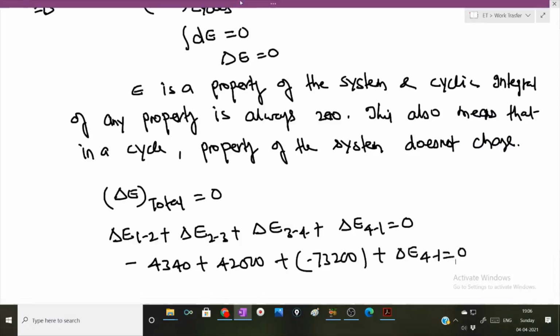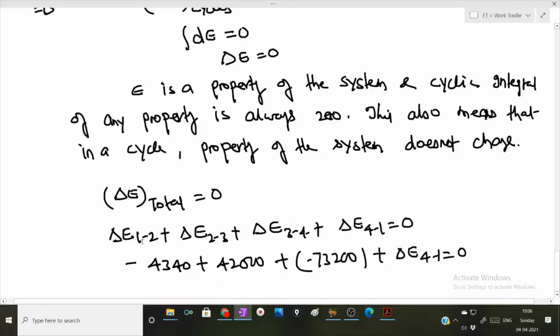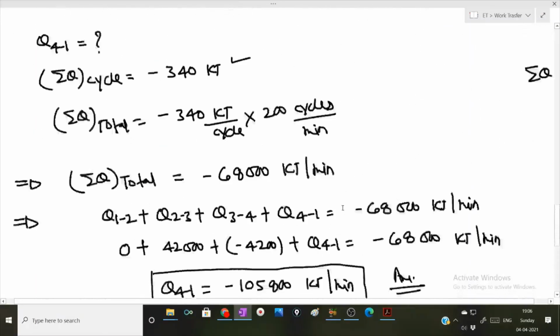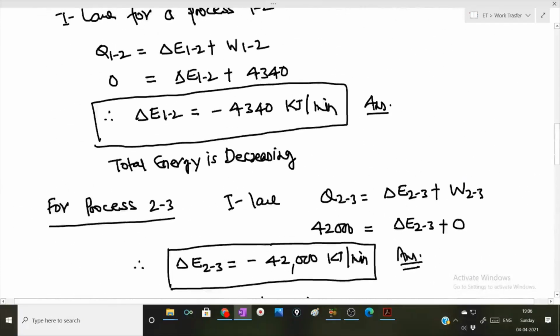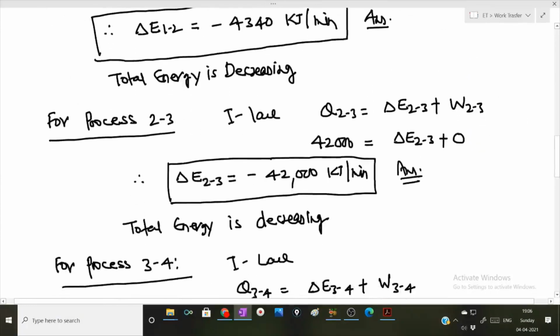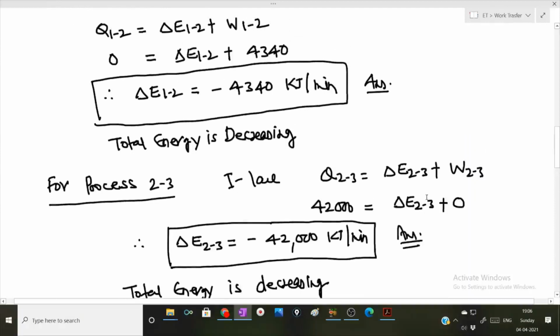Now from where have I got these values? Delta E12 and delta E23 I have calculated, as you can see here. Delta E12 is minus 4340 kilojoule per minute, delta E23 is 42,000 kilojoule per minute. So let me correct this.